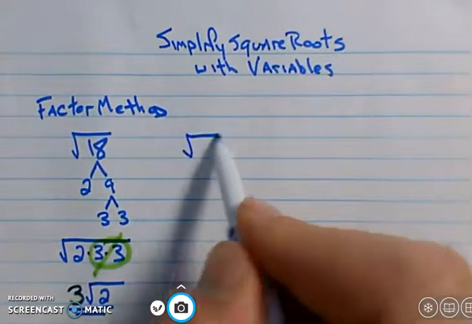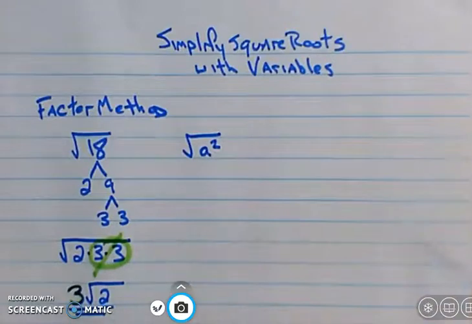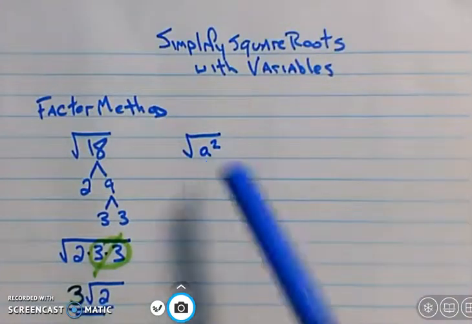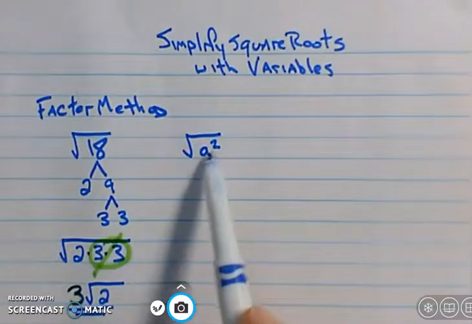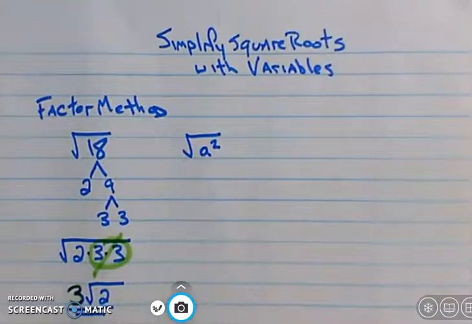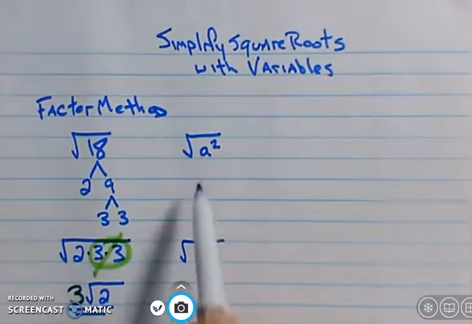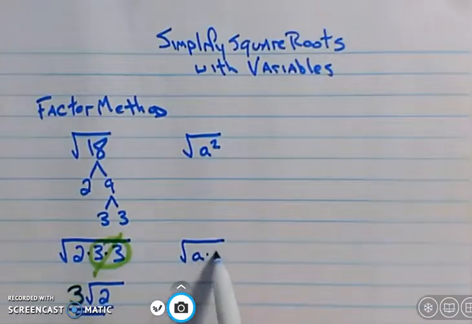So we're going to start with a simple one. Let's start with the square root of a squared. Well, I want to break this down into its prime factors. Well, we know that if we have this in exponential form, I can write it out in expanded form, and that would be its prime factors. So I can skip the factor tree, and I can just jump all the way down here. I know that a squared is really a times a.